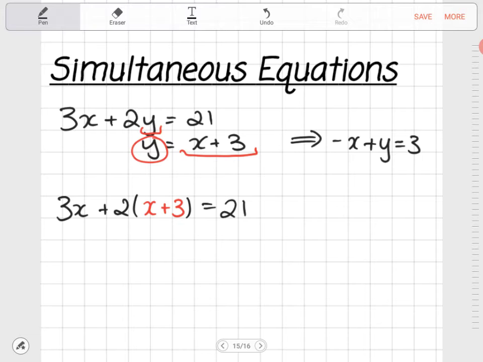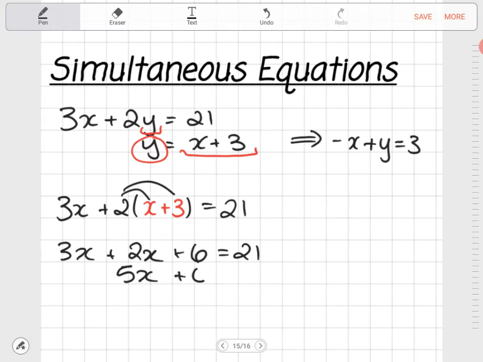So now we are going to expand our bracket, so 3x plus 2 times x, so 2x, okay, plus 2 times 3, so 6 is equal to 21, and join your like terms together, so you're going to have 5x plus 6 is 21.